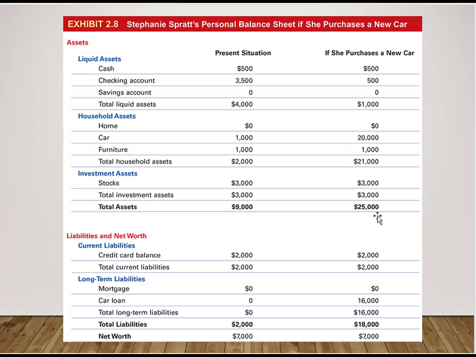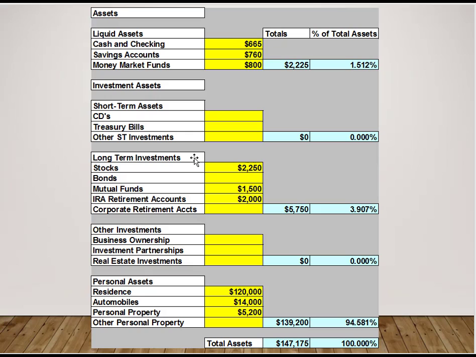So now we have $25,000 in total assets, $18,000 in liabilities, but our net worth didn't change. So some things will just rearrange things in one area or another and won't affect the net worth of the person.